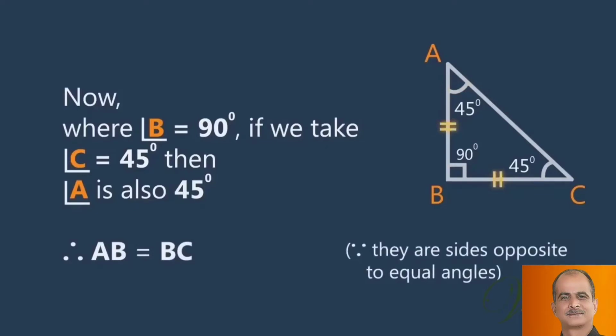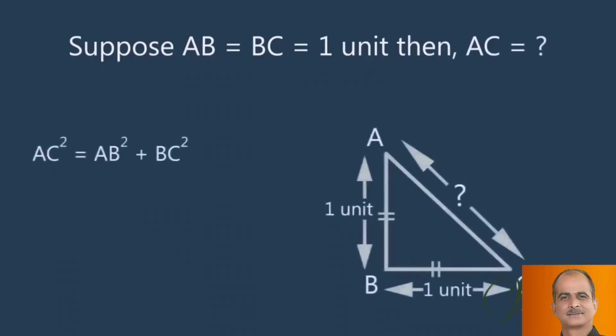Therefore, AB is equal to BC, because they are sides opposite to equal angles. Suppose AB is equal to BC is equal to 1 unit.